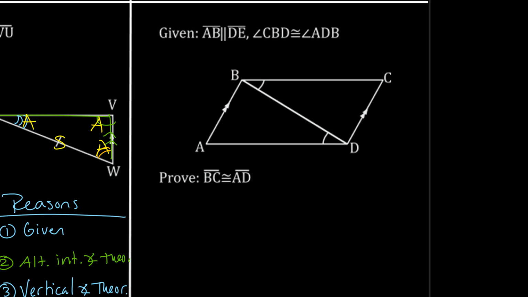It's sometimes tricky to figure out the angle pairs with parallel lines. So what I do is I trace over the parallel lines, and then I trace over the transversal that's touching both of those parallel lines. And then I can clearly see what are my alternate interior angles.